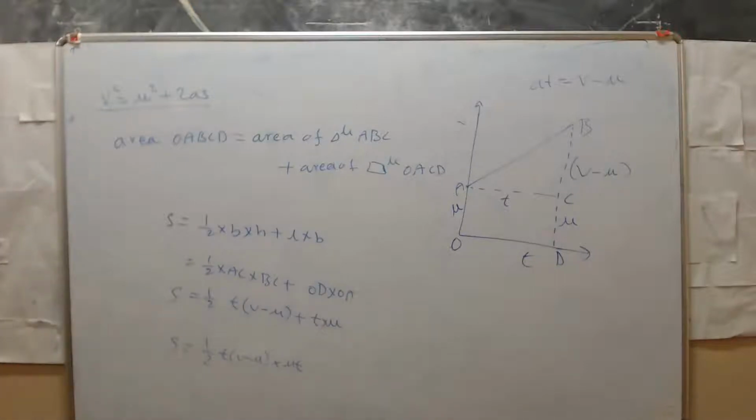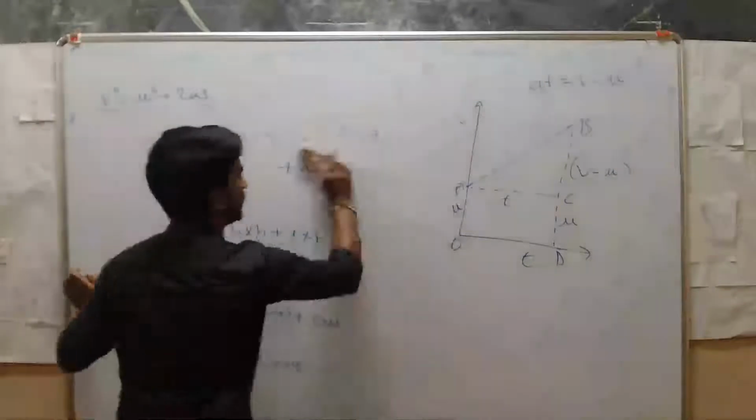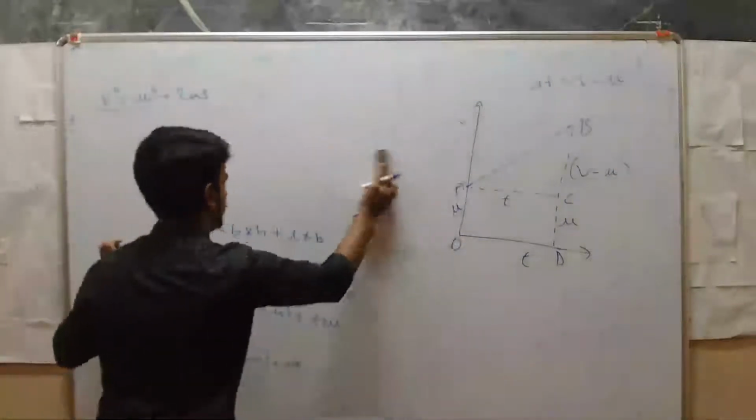Now we should multiply 2 on both sides, left hand side and right hand side.